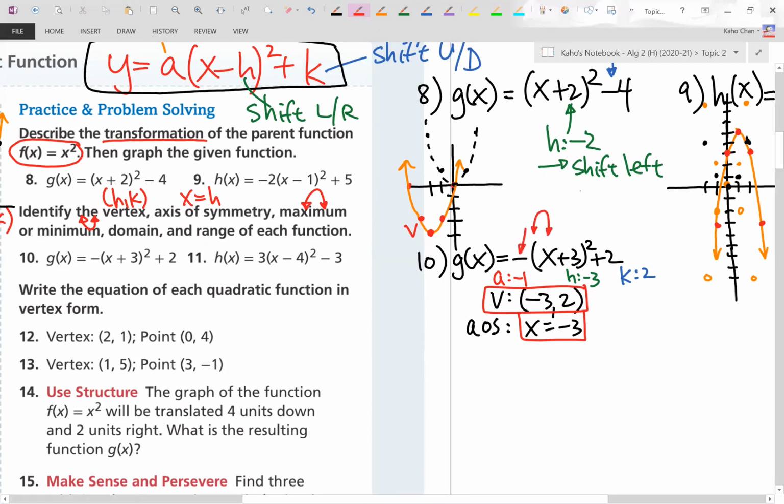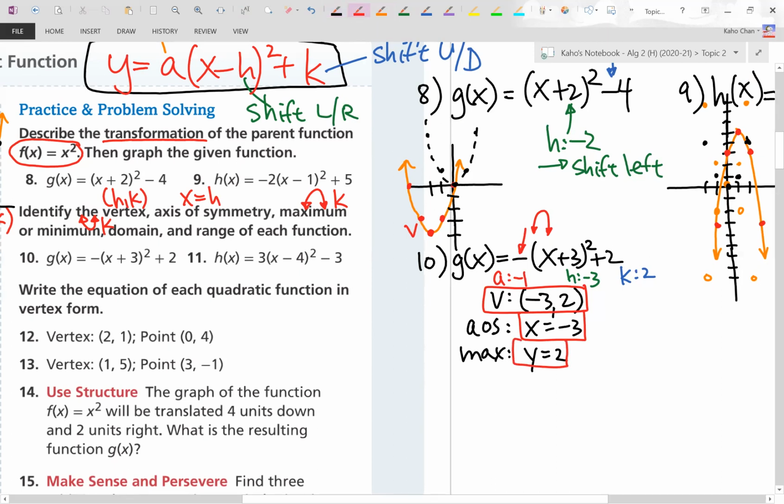That means we have a maximum. It is referring to the y value, which is k. The k value here is 2. So you just indicate it that way.